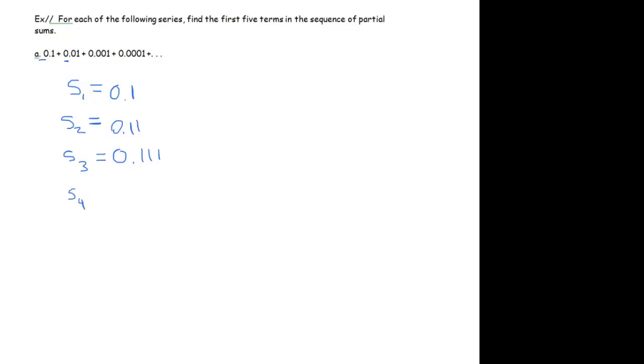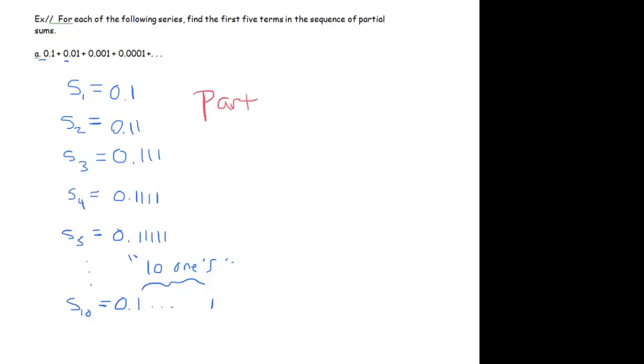The fourth would be, I think at this point you have a sense what's going on, right? I mean, the 10th would just be 0.1 with 10 ones, right? So I'm going to just list what the partial sums are as a list, right?